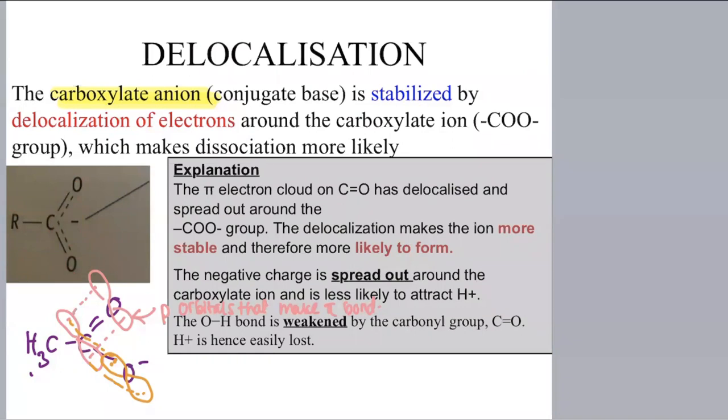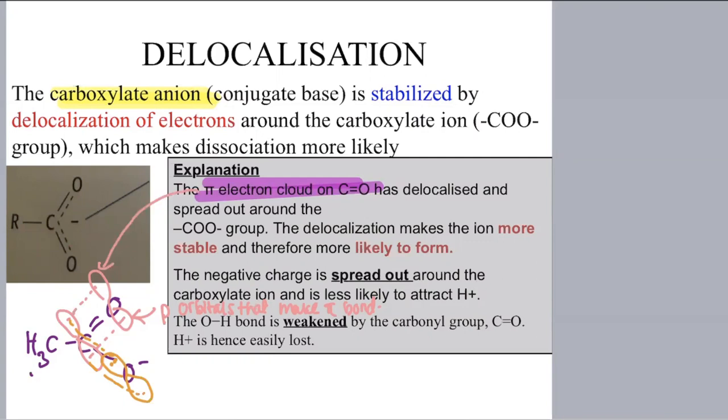So let's have a look at the explanation. The pi electron cloud on C double bond O, that's the pink orbital here, has delocalized and spread out around the COO minus group. The delocalization makes the ion more stable and therefore more likely to form.